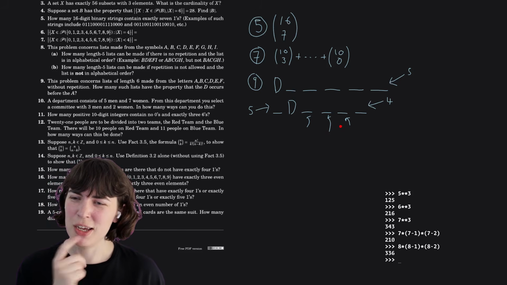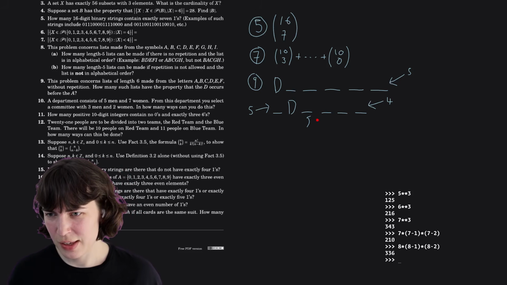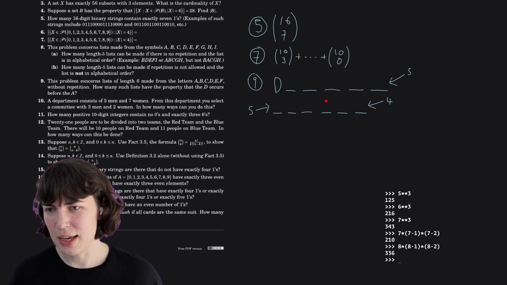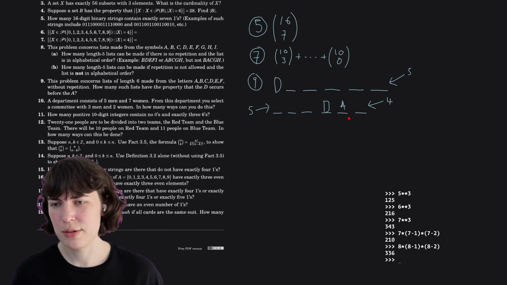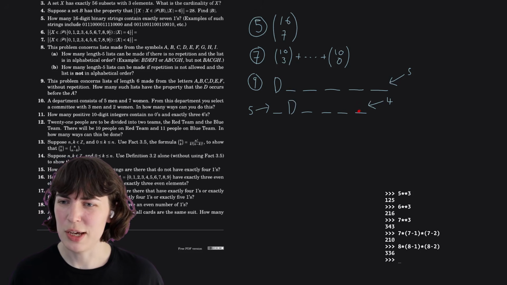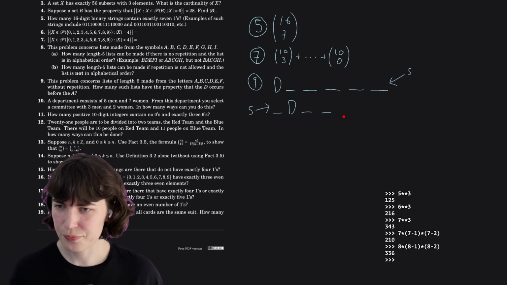No, actually that wouldn't even work, because if we had the D here, in that case we'd need to make sure that we had an A in one of these 2 positions. And we wouldn't have an easy way to do that. So I don't think this way is going to work.